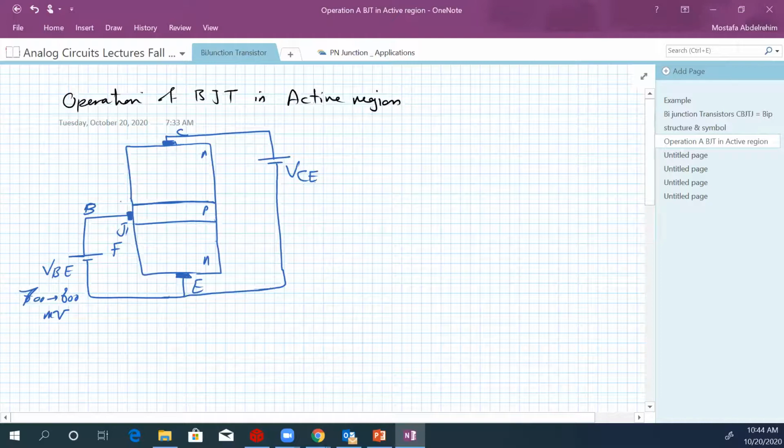But we want J2 to be reverse, so let's see the condition for J2 to be reverse. We want the voltage between the base and the collector to be negative. So in order for J2 to be reverse, V_BC must be less than or equal to 0.